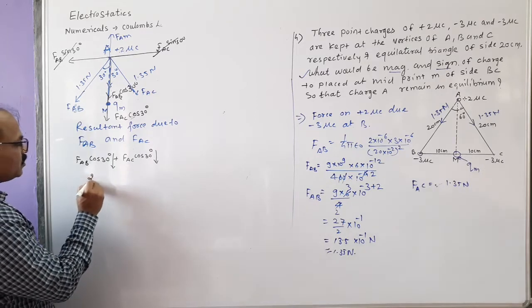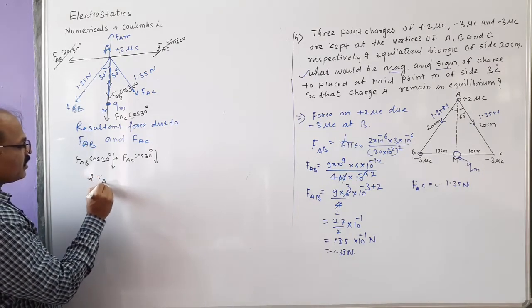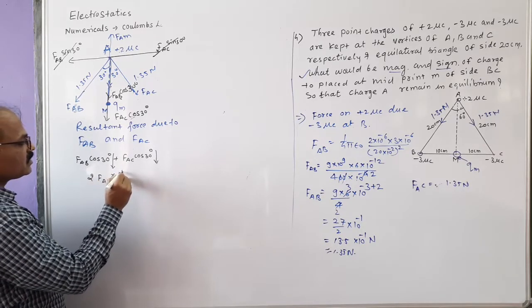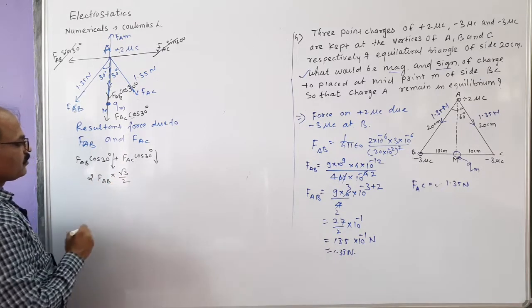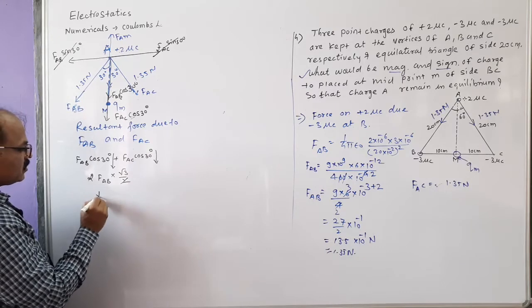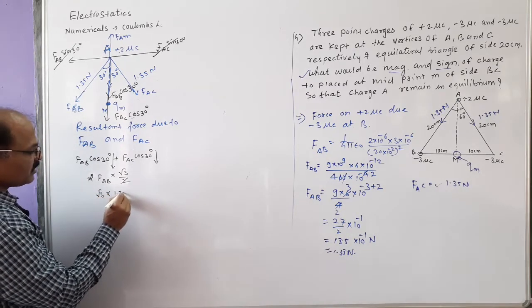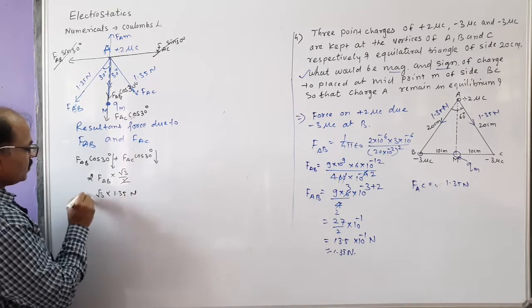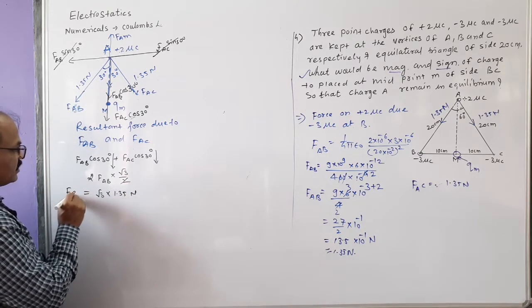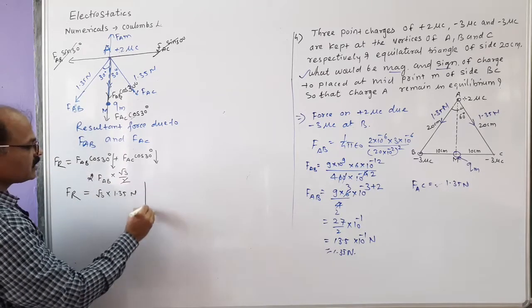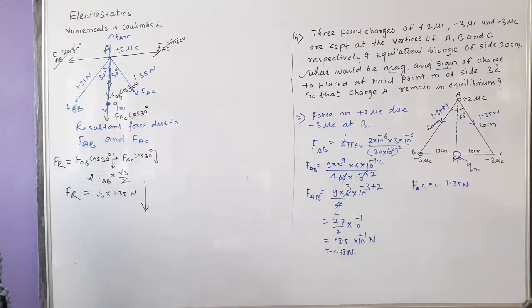So this will be 2 times FAB cos 30, इधर फोर्स दोनों इक्वल है और cos 30 is √3/2. 2 get cancelled, √3 into either force, this is 1.35 Newton, so this will be F resultant, resultant in a downward direction.